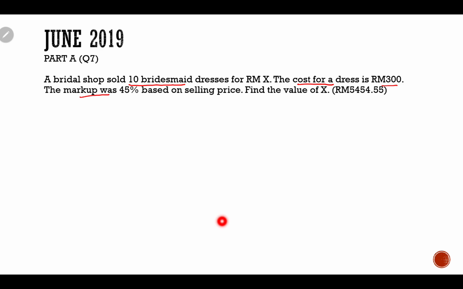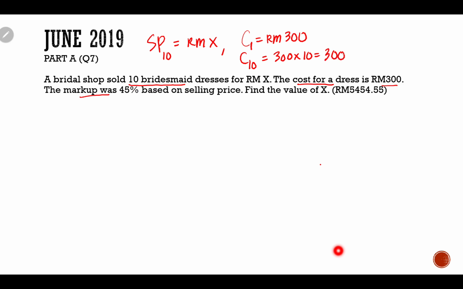You may write that the selling price for 10 dresses is RM X, with the cost for a dress being 300 ringgit. Since we want the cost for 10 dresses, you multiply 300 by 10 and get a total of 3,000.